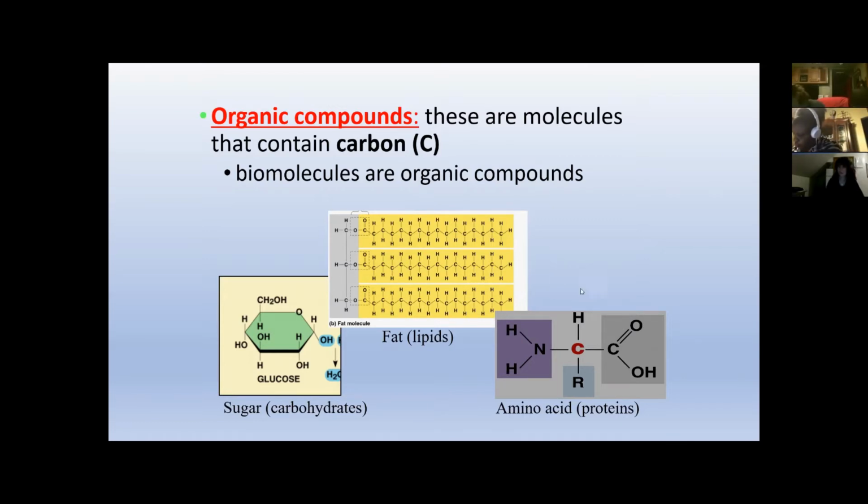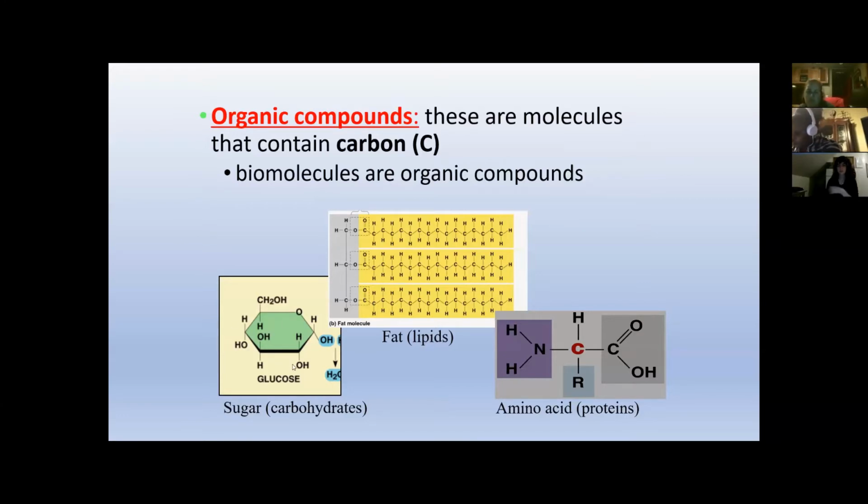In some cases, they're written like this, where they actually include the carbon in the diagram. In other cases, they're written in this method. You can assume that when you see organic drawings, any one of these corners is going to be a carbon. This is a benzene ring, and you have carbons at each one of these corners.